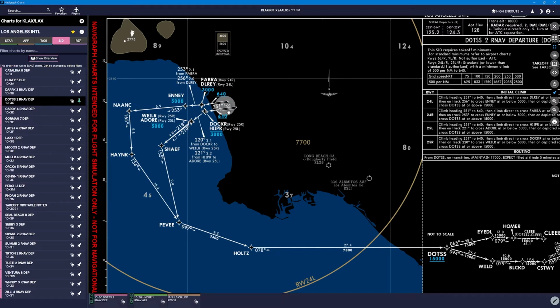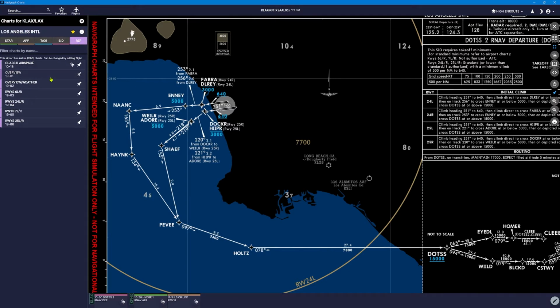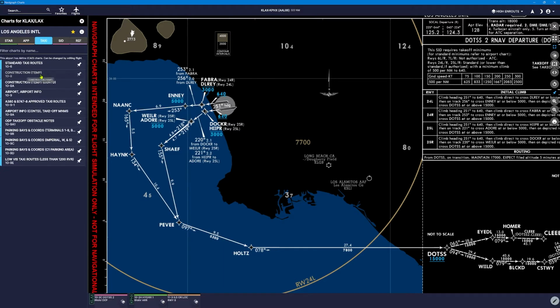And the runways are, look over here, you have 24 left, 24 right, 25 left, and 25 right. In order to better illustrate the runways, let's pull up the airport diagram.